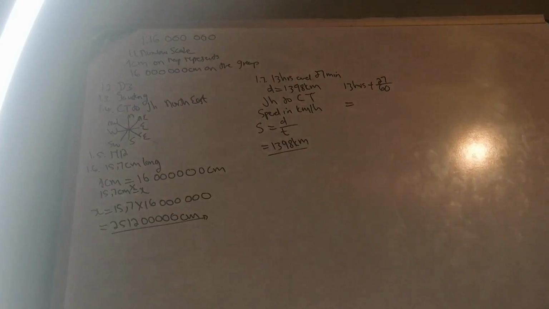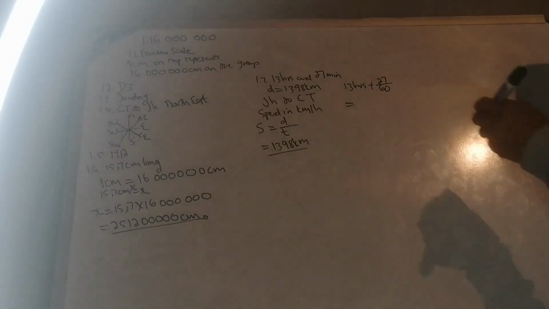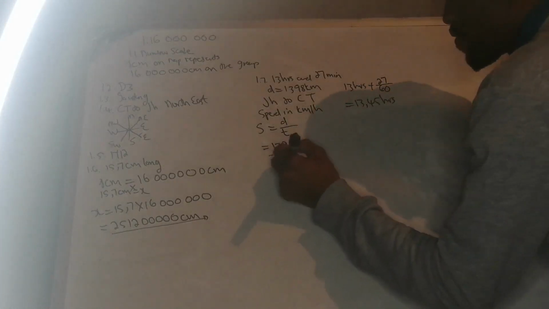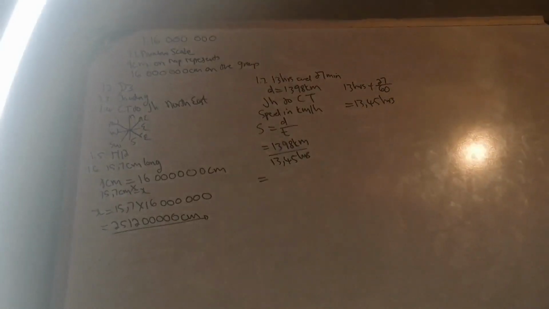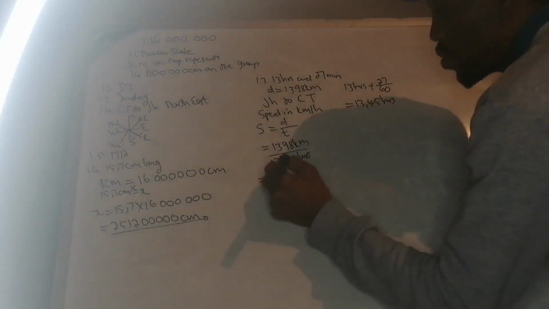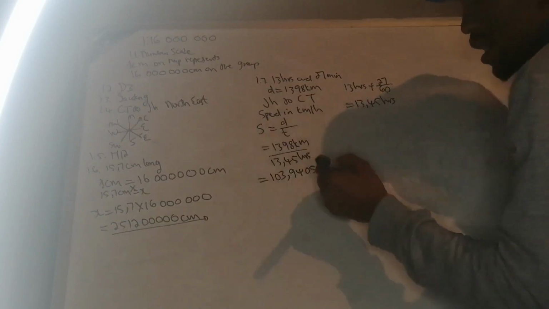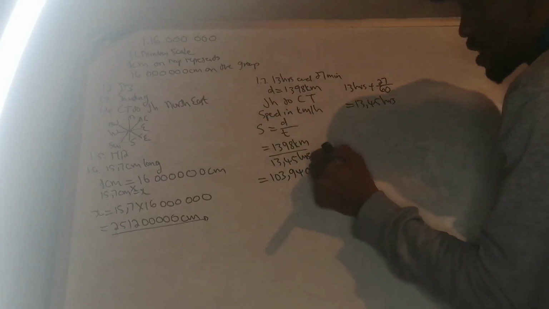13 plus 27 over 60 is 13.45 hours. Then 1398 divided by 13.45 gives 103.94 kilometers per hour.